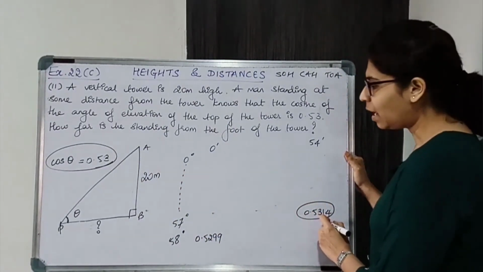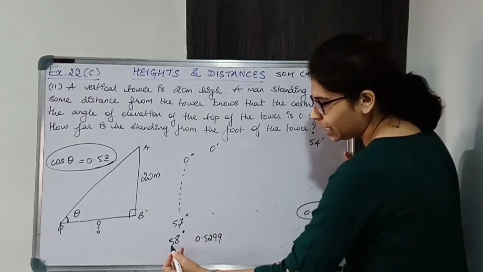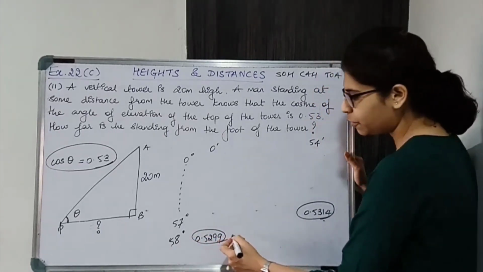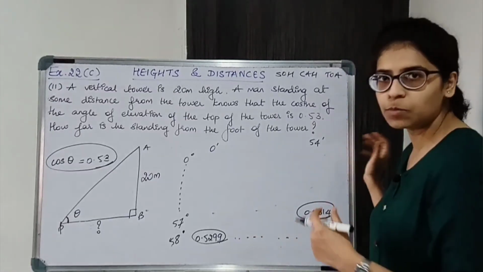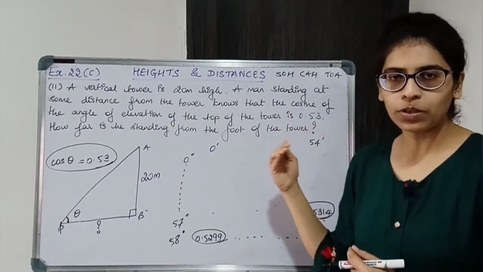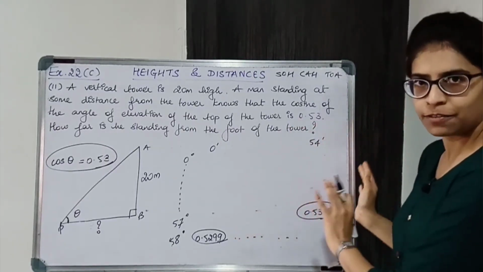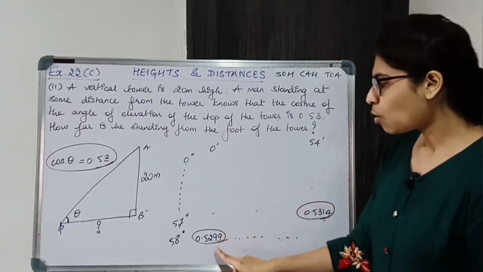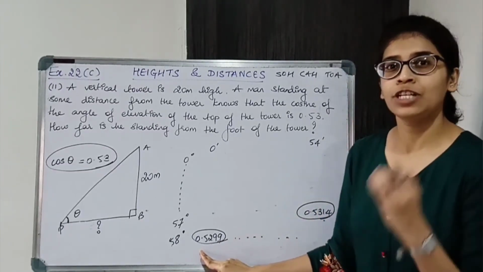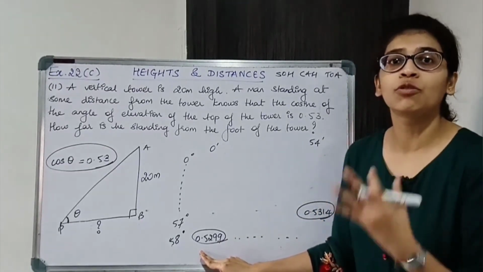All right. Now after that if you go to 58 degrees you are getting 0.5299, after which it is again decreasing. In the cos table, you see initially the value is higher, then it keeps decreasing. So you always subtract the mean difference also in cosine. Over here 0.5314 and 0.5299. Which one is very close to 0.53?